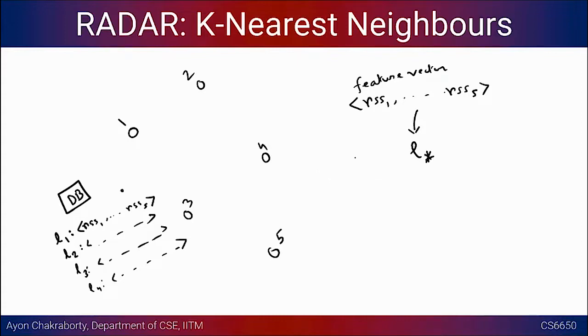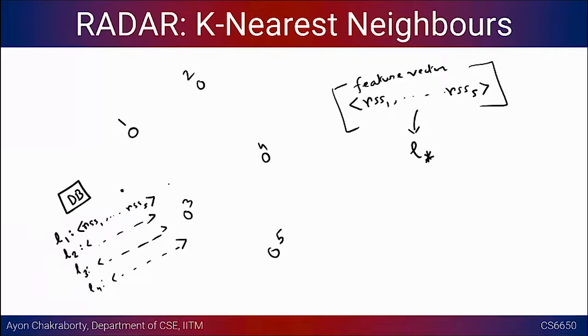That is one possibility; there are many ways to do it. Just for historical reference, they used k nearest neighbor. They simply compare the distance of our feature vector with all the feature vectors in the database. Of course, this is a costly operation, but that is what they have done.